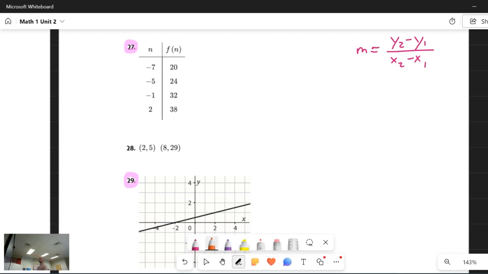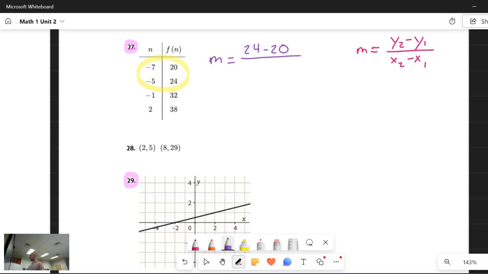So when we look here at number 27, we're given 4 points. It doesn't matter which two you choose. I'm going to just choose the first two, so that we can try to solve this. So we know that our slope is going to be, it doesn't matter which one's your y2, I'm going to choose 24 just because it's a bigger number. So we say 24 minus 20, and then we just have to pair things up with our x's.